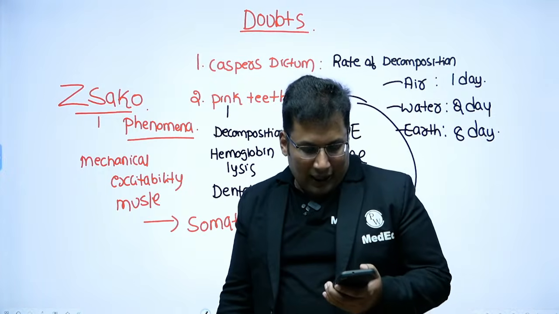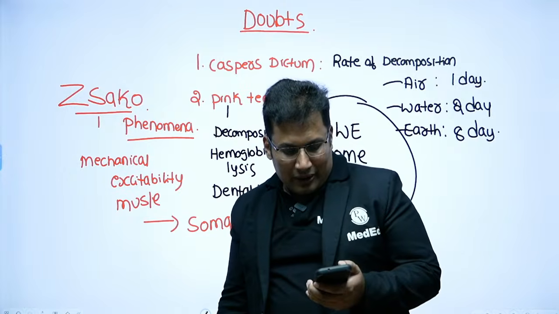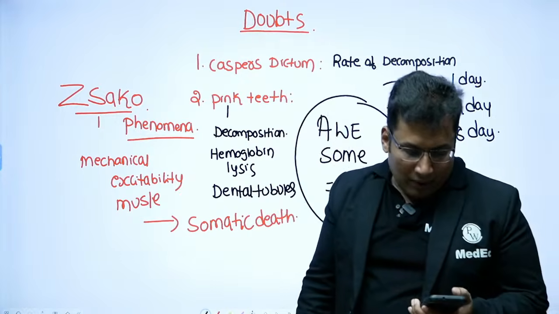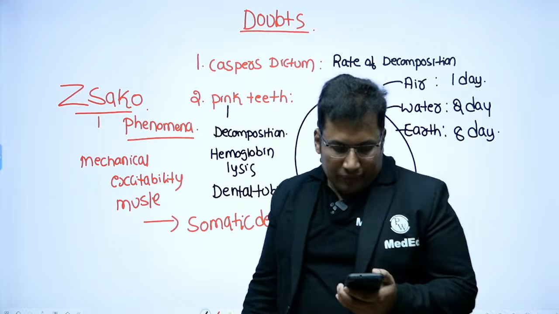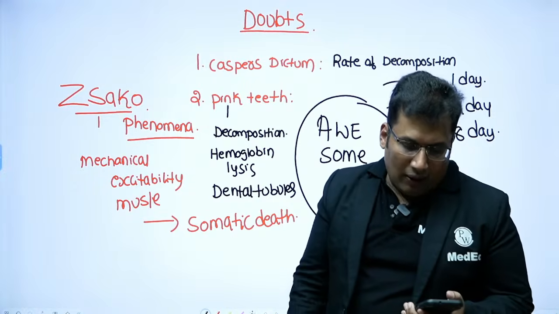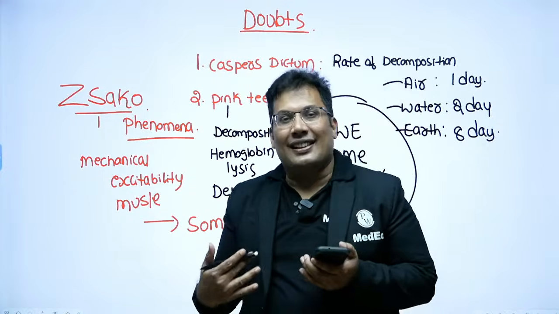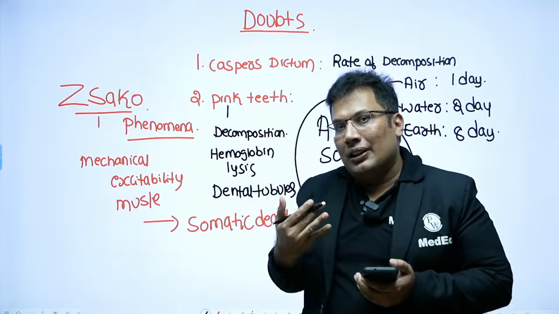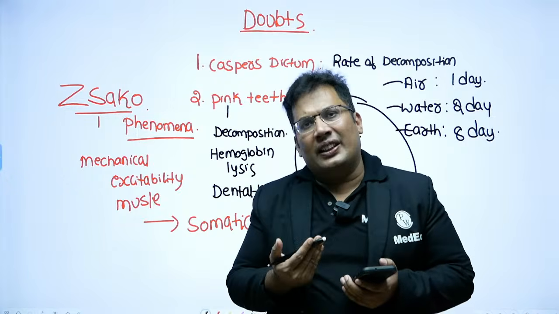Then, why does a lacerated wound normally bleed less but a scalp laceration bleeds profusely? Because the vessels, basically the facial veins and all, are superficial in nature.